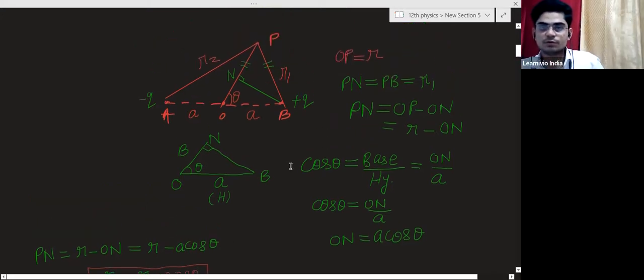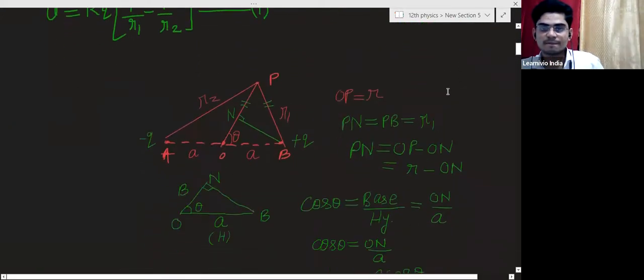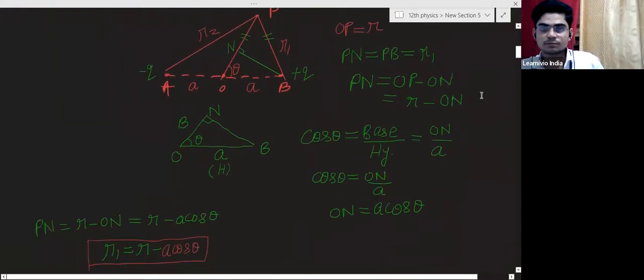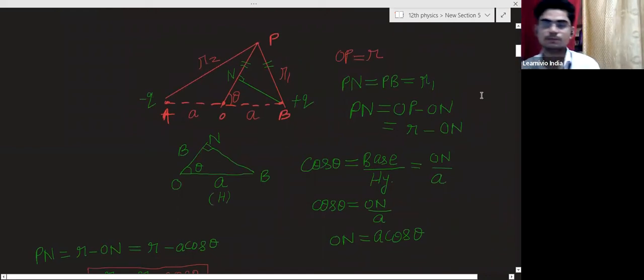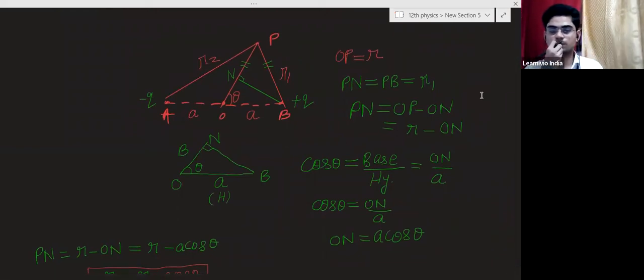Please note it down till here. In the next step, we will calculate the value of R2 in terms of A, R, and theta.